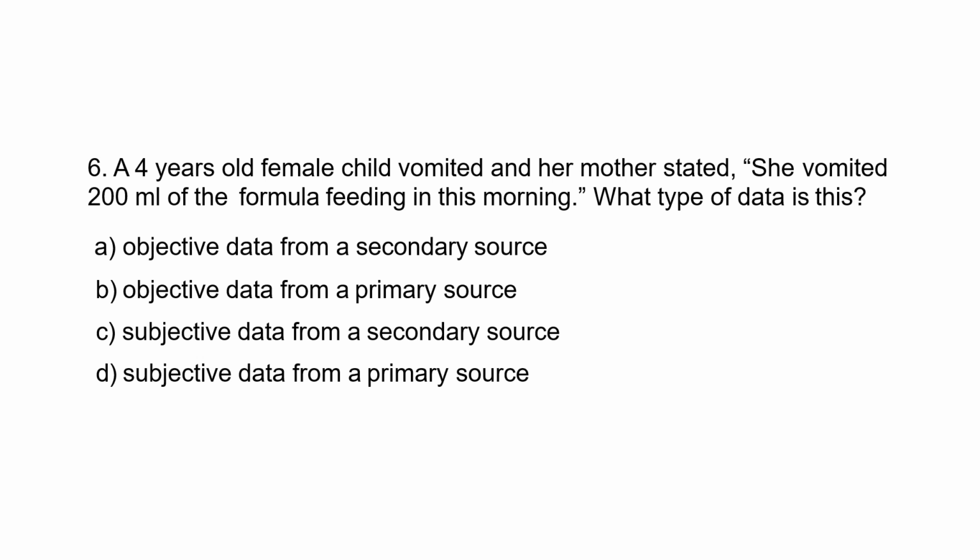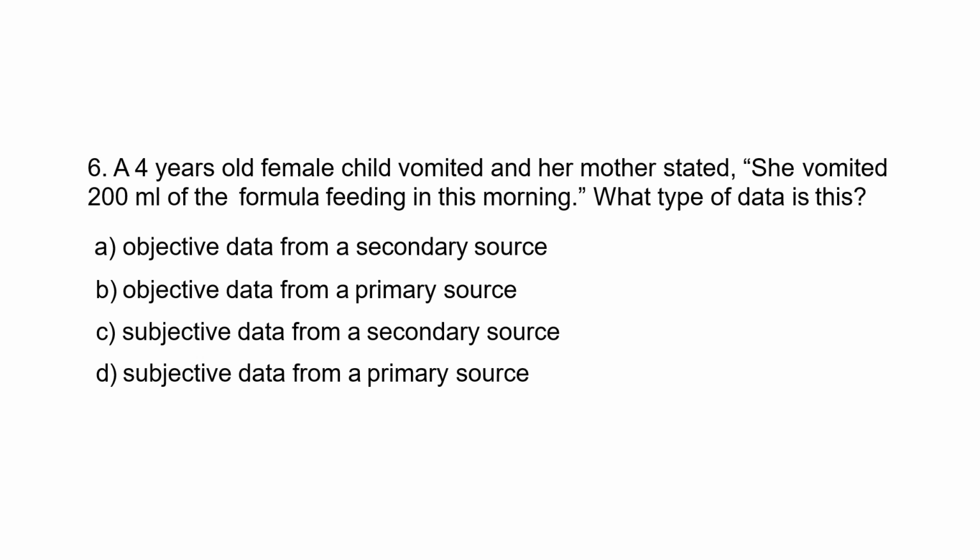That is subjective data. And objective data are observable, what we see in the patient, and measurable. They are also known as signs, and subjective data are symptoms. For objective data, for example, we can say the blood pressure of the patient or the sounds that we hear.